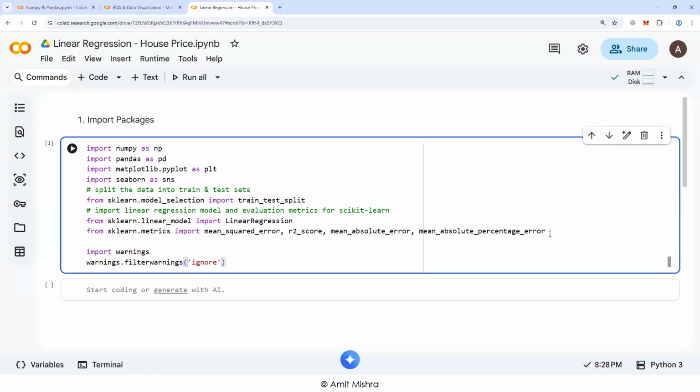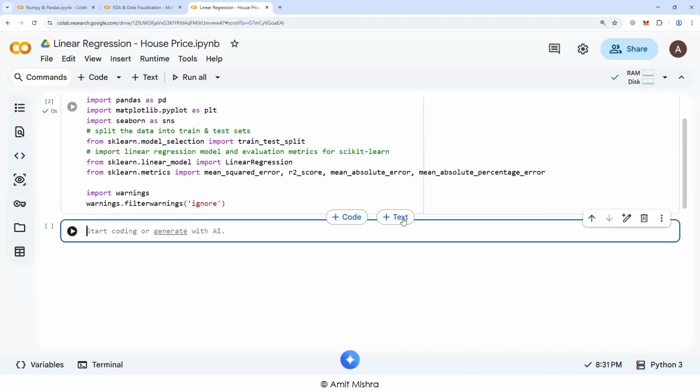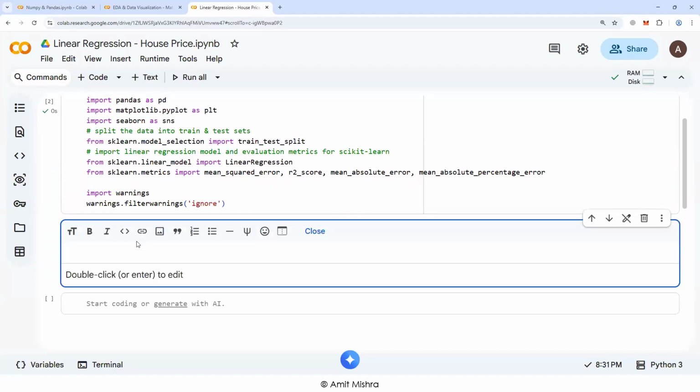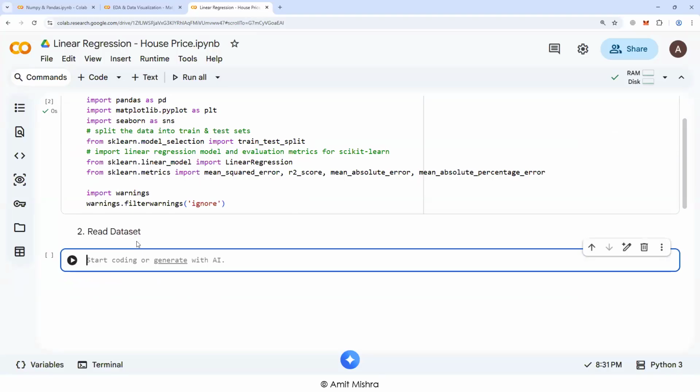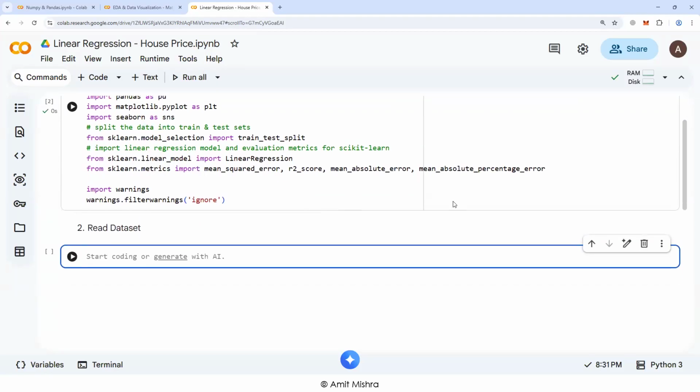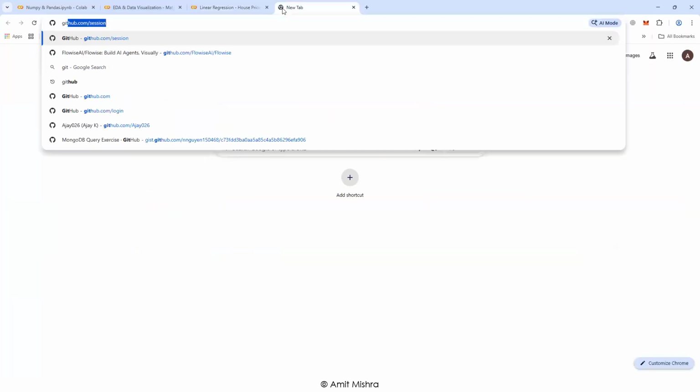import warnings, filter warnings. Let's read our dataset. We take here my house data, which is equal to pd.read_csv, and the dataset I'll be taking from the GitHub link. GitHub is there with me.